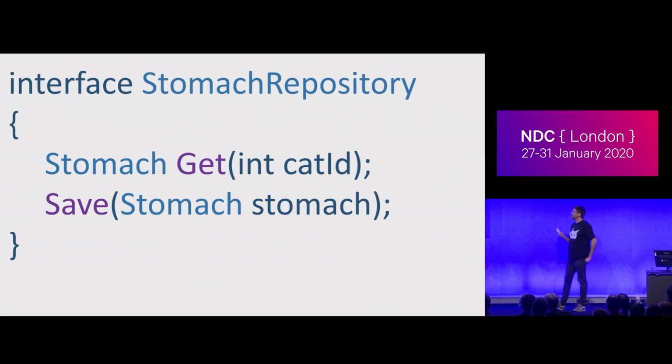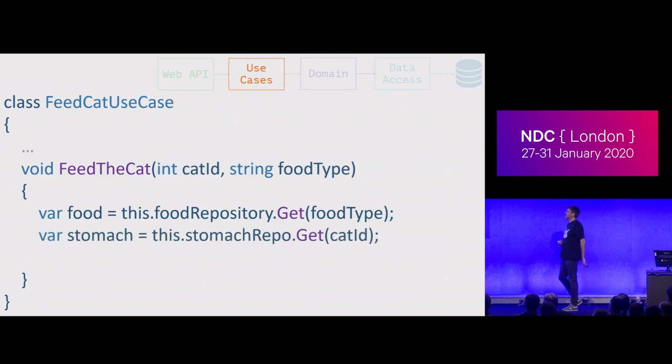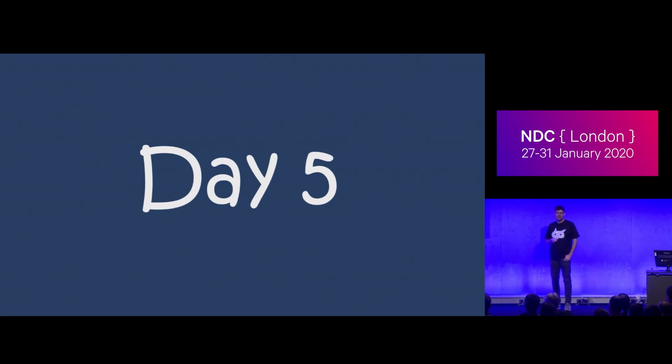We have a look around, and there's no stomach repository, so we quickly build one to grab the stomach out so we can save it. Then in the feed the cat use case, we take the food type, grab the stomach from the repo, and add the food. And put that back into code review and go home for the day.